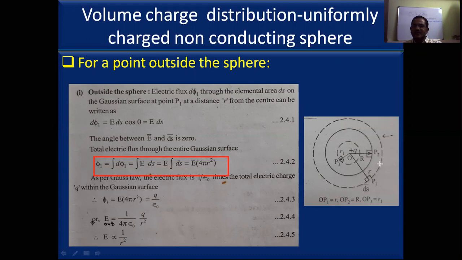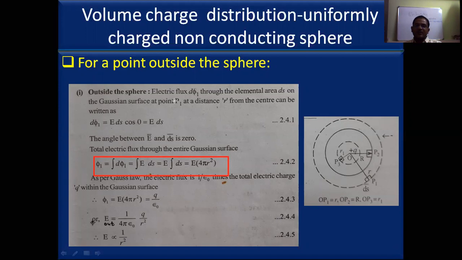Since E is constant at every point on the sphere, as we discussed in the case of the conducting sphere, here also the field strength at every point on the surface has constant magnitude. So E comes outside, times the surface integral of dS. But the surface integral of dS is the surface area of the sphere, that is 4 pi r squared.